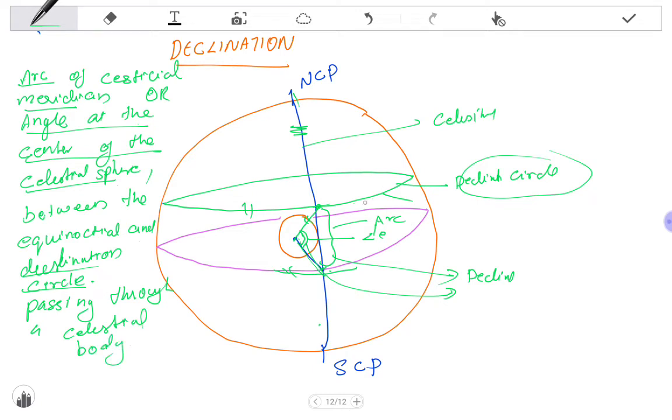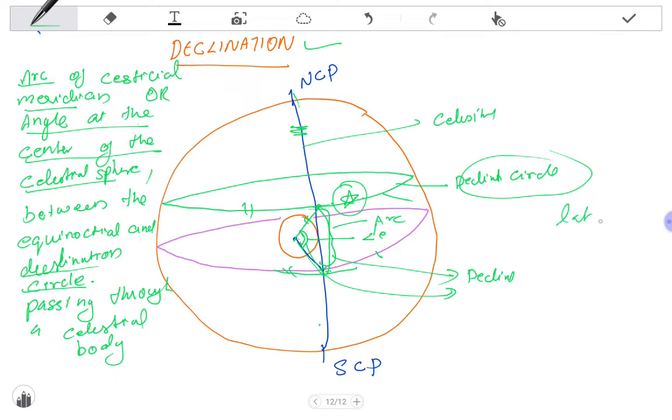For example, if there is a celestial body and the declination circle is passing through that body, then the declination of this star will be the arc of the meridian between the equinoctial and the declination circle, or the angle. So that is the declination.